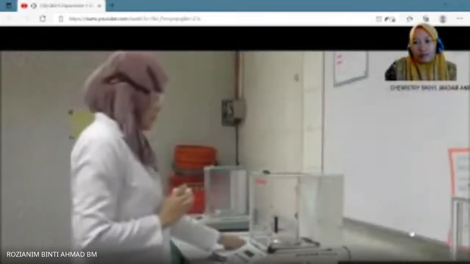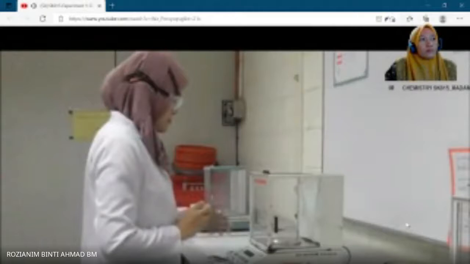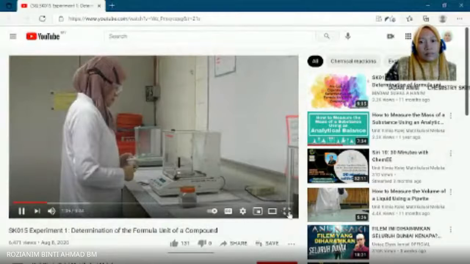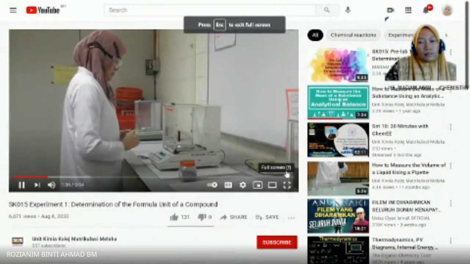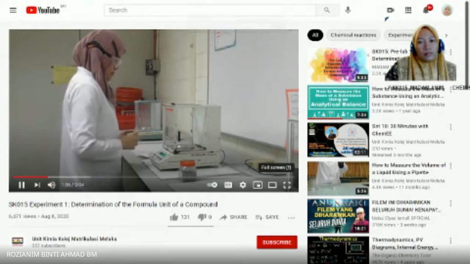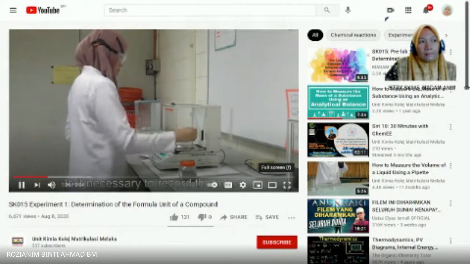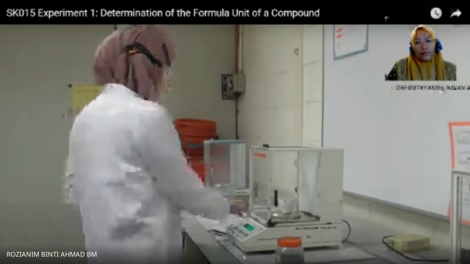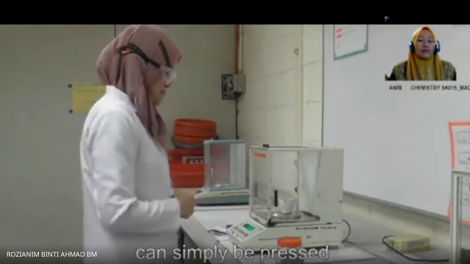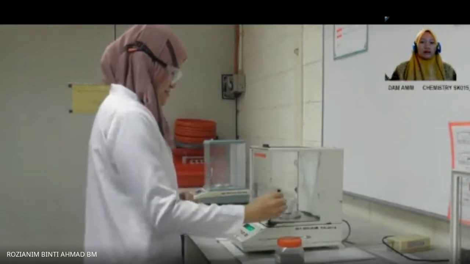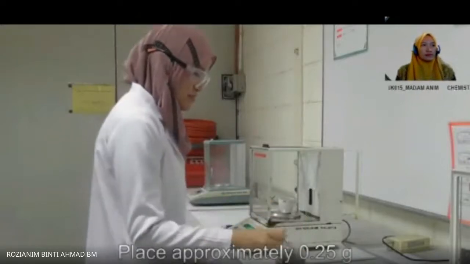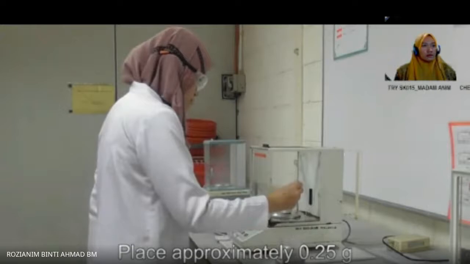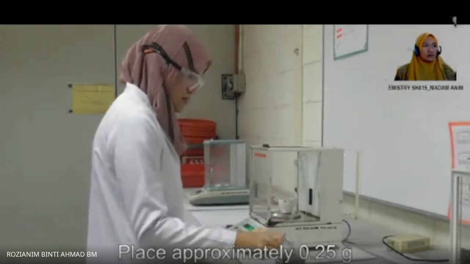First, weigh the zinc powder. Is it necessary to record the mass of the crucible when the air bubble simply be pressed to get the mass of zinc? Place approximately 0.25 grams of zinc into the crucible.